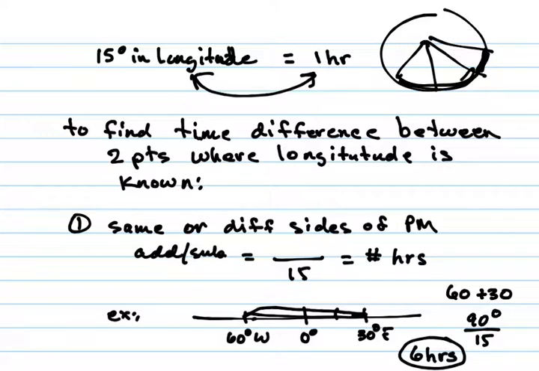Now, there is another case, and that's when we're given the degrees of longitude for two different places, and we don't want to know how much difference there is in the time between the two. Instead, this time we want to know if it's a certain time in one of those places, what time is it in the other?